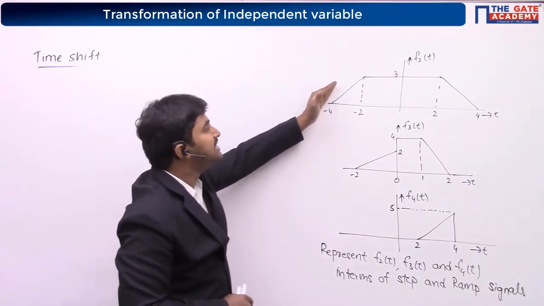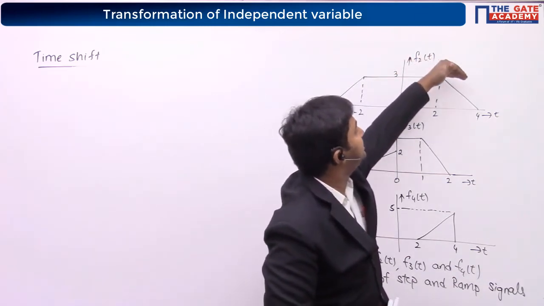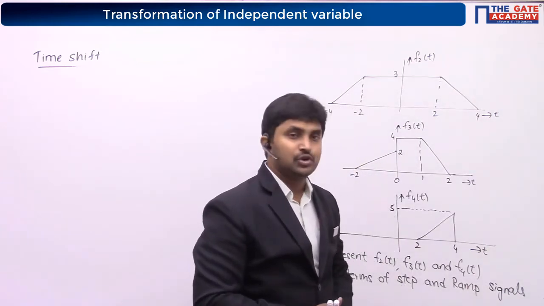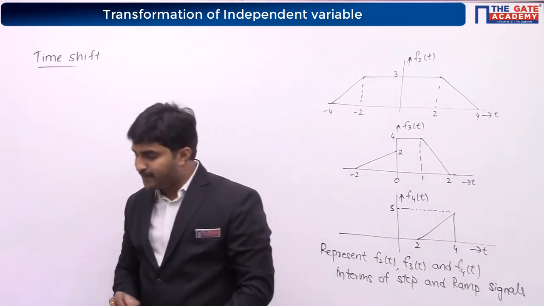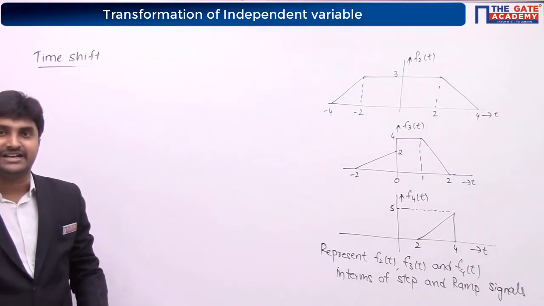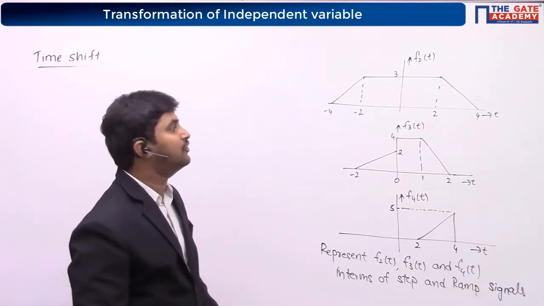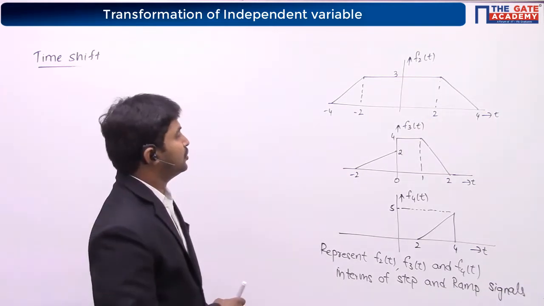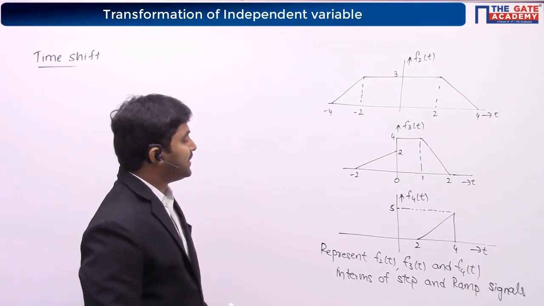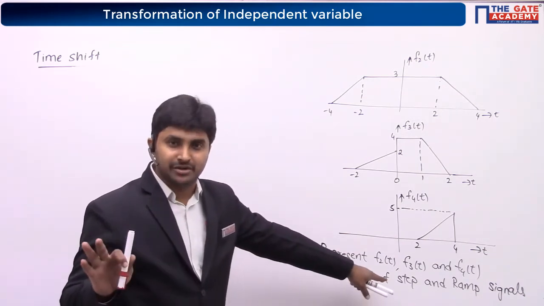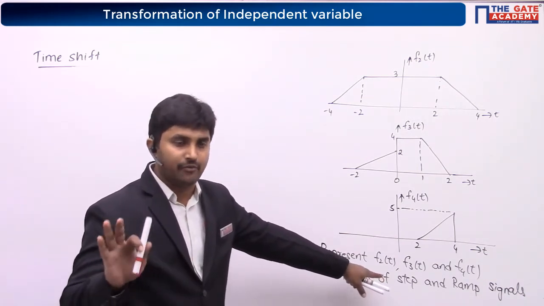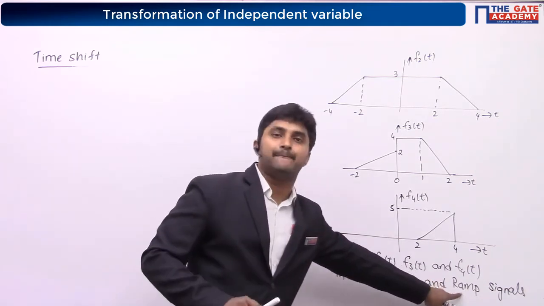You can see it is linearly increasing, constant, linearly decreasing. So we don't see any particular point where there is a sudden increase or decrease in the value of amplitude, correct? It means that step is completely out of picture. Now what we have is ramp, right?